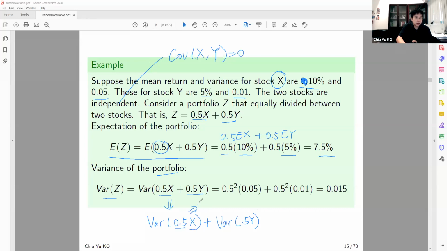So it's 0.5 squared times the variance of X, plus 0.5 squared times the variance of Y. The variance of X is 0.05, the variance of Y is 0.01. You can compute it, and it will give you this answer. So that's how you can calculate the variance of the portfolio by using the formula. That would save a lot of time. If you learn finance, you often use this.